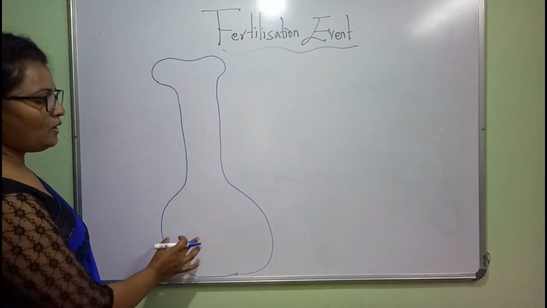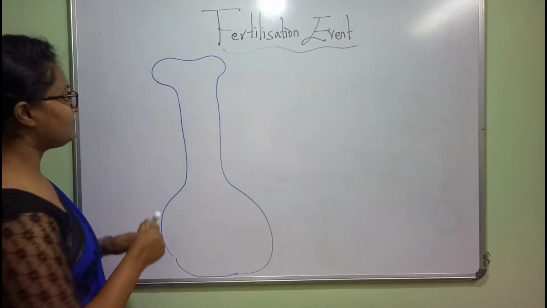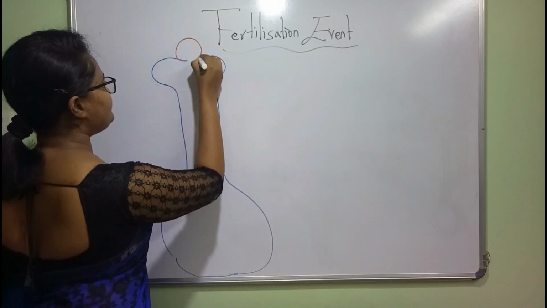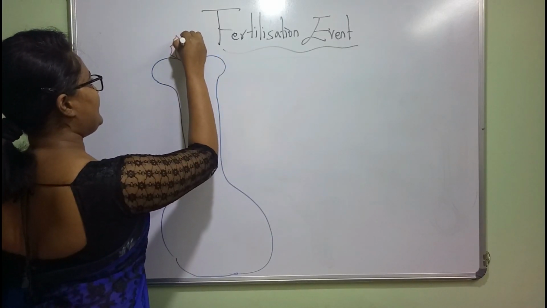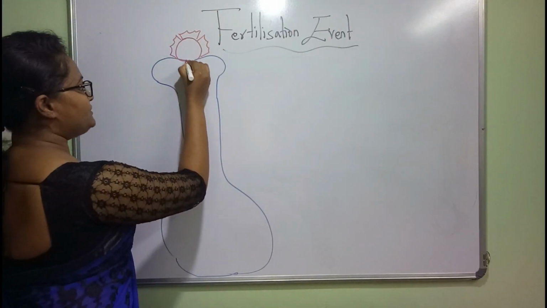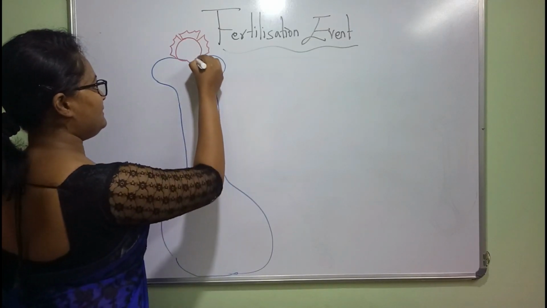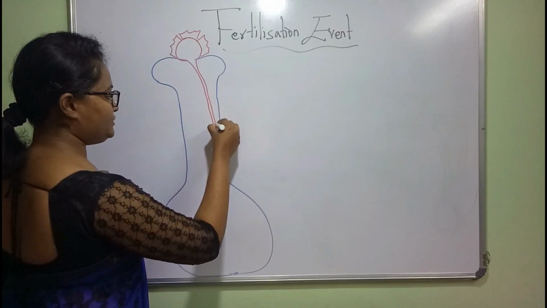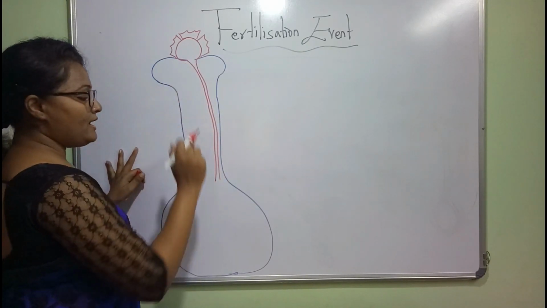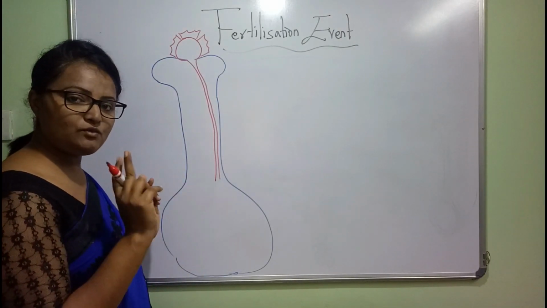Okay, ovary, style and stigma. So this pollen grain landed, interaction completed, and they even germinated also. Like this the pollen tube will be formed from the germ pore portion, which now contains the two male gametes and the vegetative nucleus.